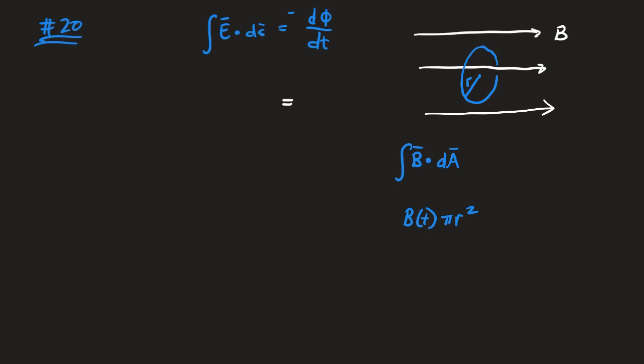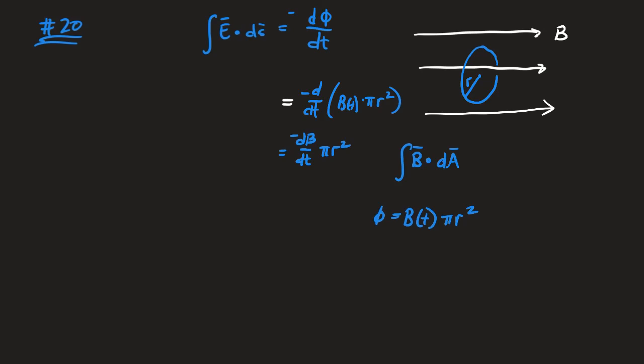Great, use them. But I'm just going to leave this as negative d dt of B as a function of t times pi r squared. I'm going to leave out the cosine of 0 for right now because it's in a solenoid. We know that it's a nice collimated magnetic field, and I'm drawing my loop so that it's lined up with that direction. Now, this is going to be dB dt pi r squared with my negative sign here on the right.